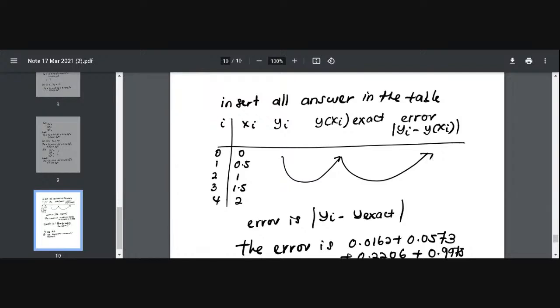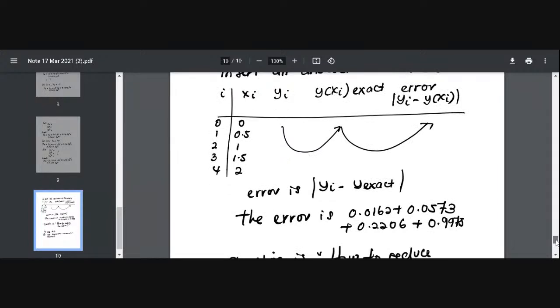There are so many types of error. In our case, I'm using absolute error: the difference between the approximation solution from Taylor series order 3 and the exact solution given in the question, yi minus y exact solution. That is the error.